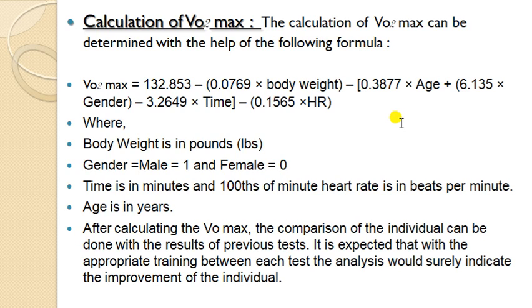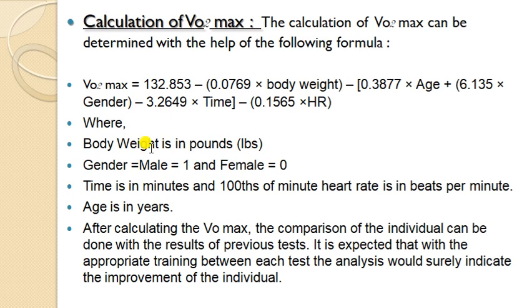It looks very tough, but it is not actually. You put the body weight first, then you know your age, then the gender, time and heart rate. We know all these things. In this formula we have to put body weight in pounds. In the place of gender, if there is a male candidate, we put 1, and if there is a female candidate, we put 0.